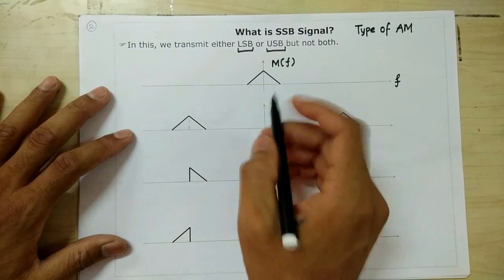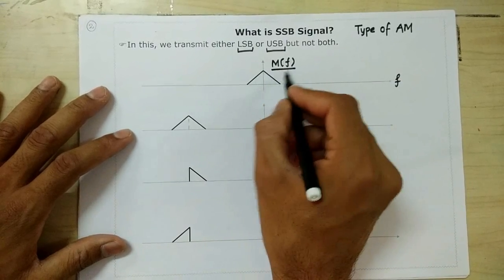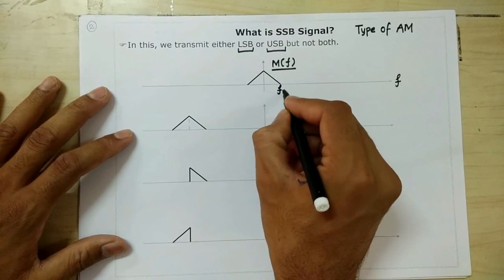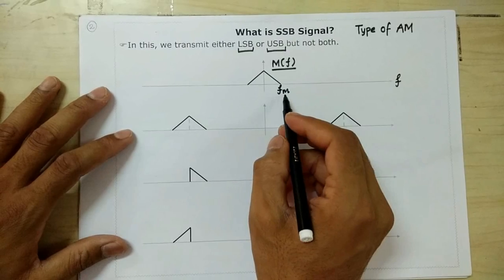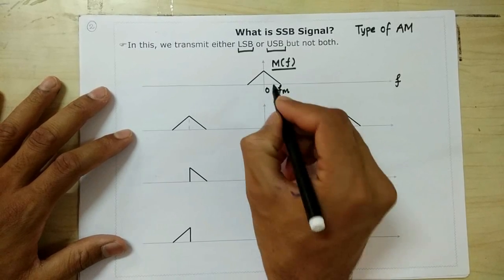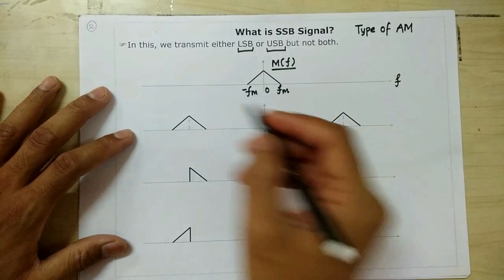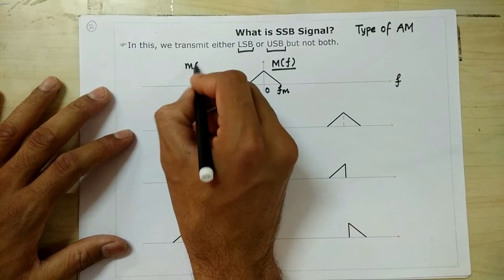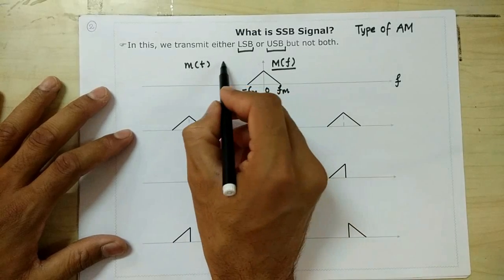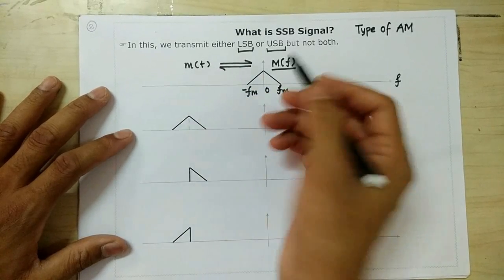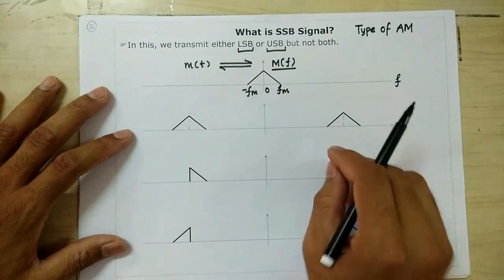The highest frequency is fm, and this is minus fm. This is basically my message signal, and this is the Fourier transform of this message signal, because we want to see the frequency behavior of this technique.